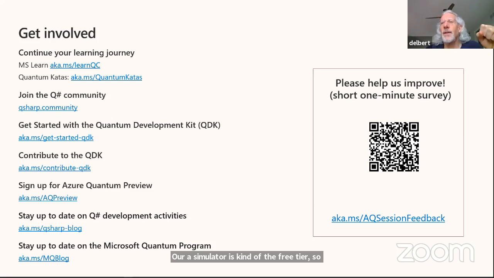So if you want to use real quantum computers, you certainly can, but you're going to have to get a little budget allocated to paying for those. The details are on the Microsoft Azure website. So if you have an NSF grant or something, and you have some money in there, maybe you could sign up and work with the quantum computers.